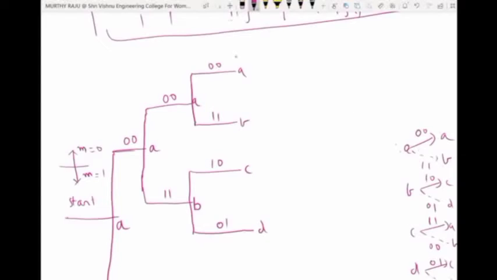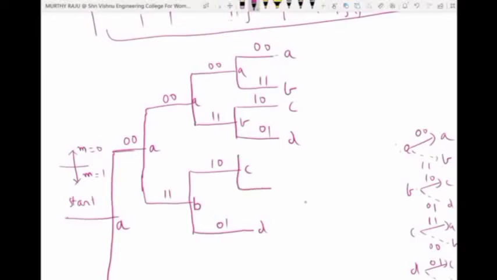Here again A to A to B, 0 0 1 1. Here B to C, B to D, 1 0 0 1.